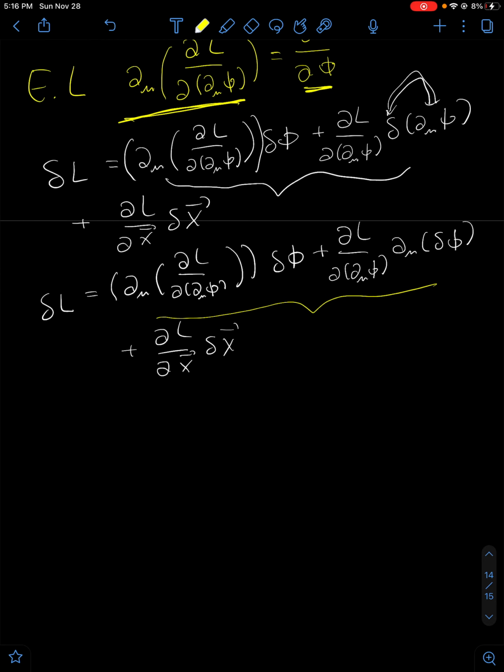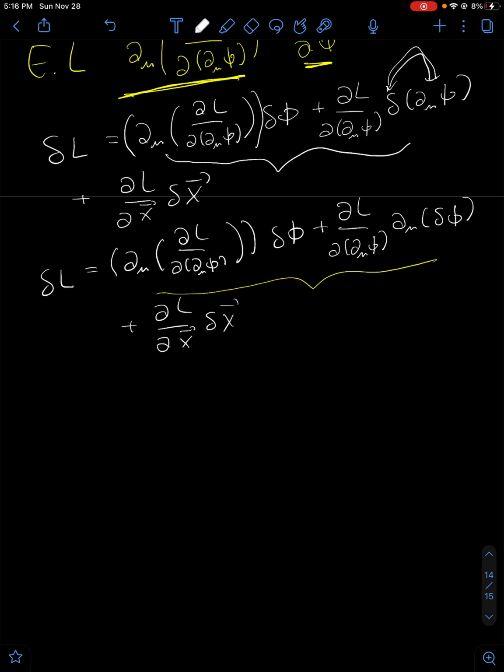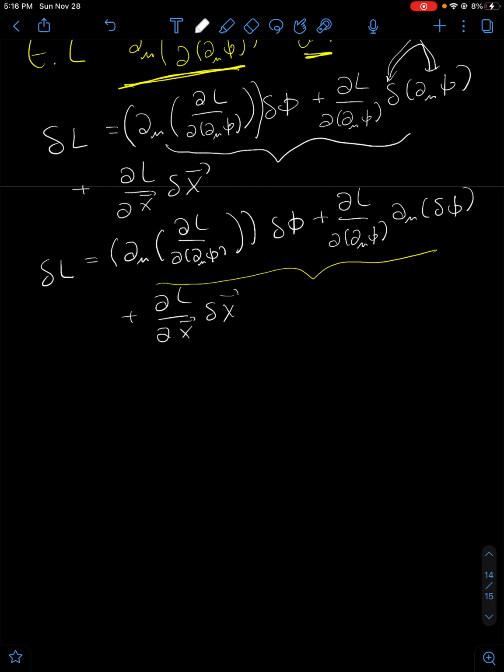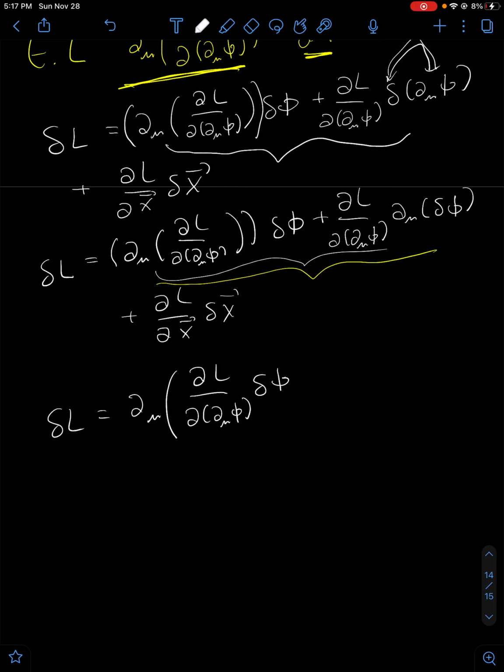Now let's recall that chain rule basically says that we can compact this into partial mu of partial L over partial mu phi, delta phi, plus partial L over partial x delta x.